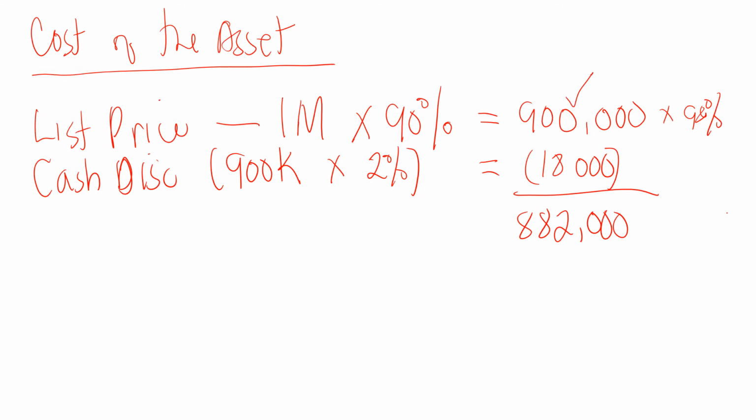But we are not yet done because according to the standard, estimated dismantling cost or decommissioning cost should be part of the cost of the asset. And according to the problem, the estimated cost of dismantling the asset after 8 years is 50,000. So we need to include the present value of dismantling cost. So how are you going to compute?